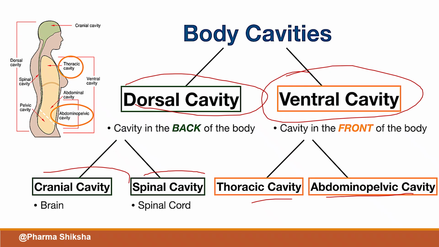The thoracic cavity has the lungs and the heart, and in the abdominopelvic cavity you can see the reproductive system, urinary system and digestive system. So these are the cavities present in our human body.